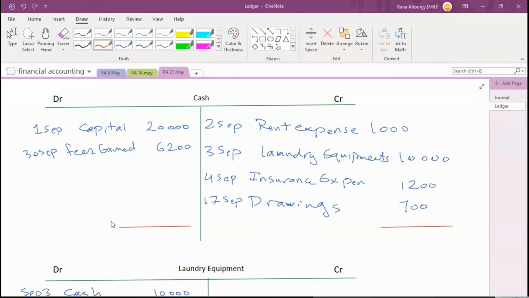What will the amount be? We have 1,000 plus 10,000 plus 1,200 plus 700. The total is how much?